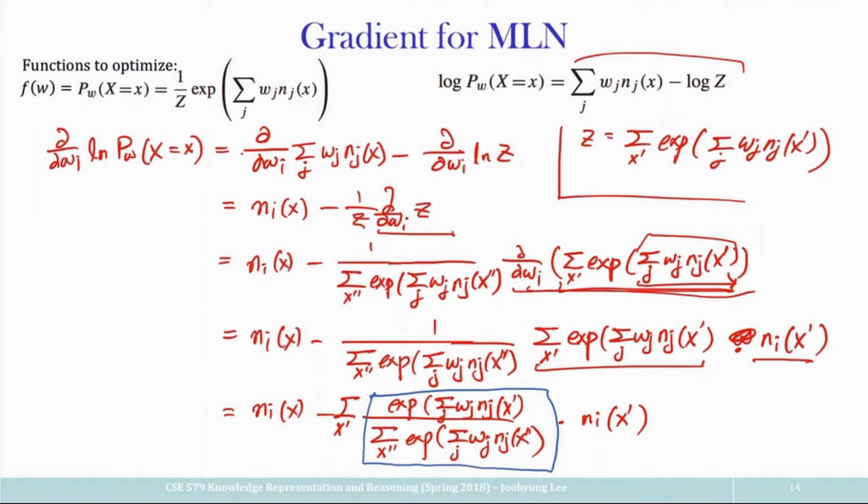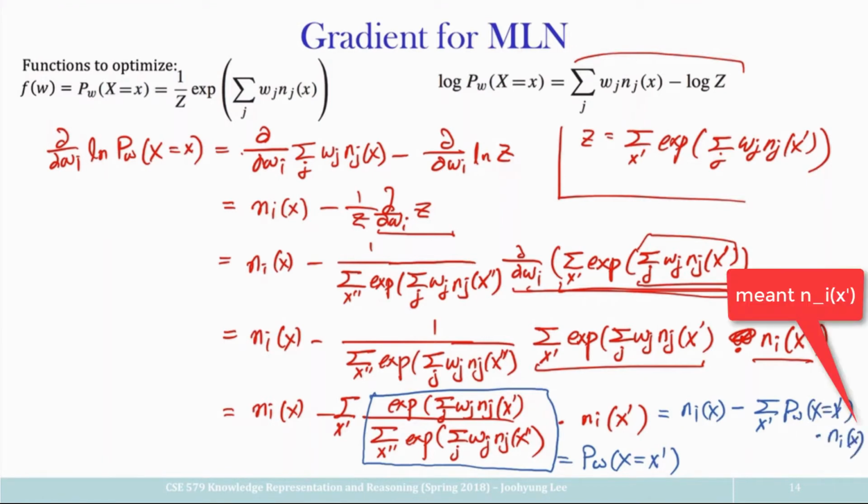Okay, so the blue part is the same as P_W under the current weights, the probability that x has the value x prime. So the whole thing here can be written as ni(x) minus the sum over x prime of P_W(X = x prime) multiplied by ni(x prime).